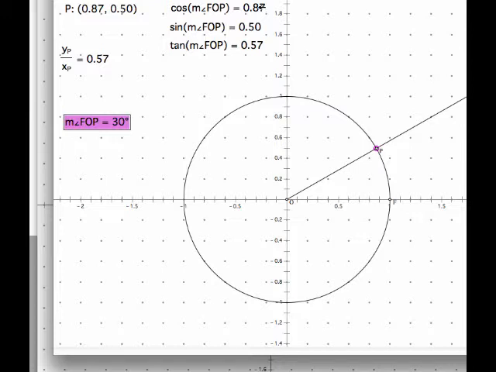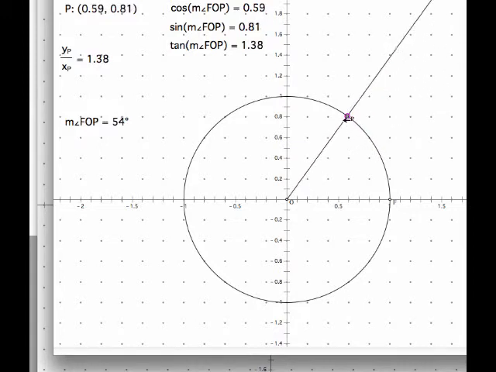The value of cos is the same as the x coordinate on this circle. That's because the circle has a radius of 1. You've got to be careful because often the radius of the circle is not 1. The sine value is the same as the y coordinate of the point when the radius is 1. And the tangent is 0.5 divided by the x value, 0.87.